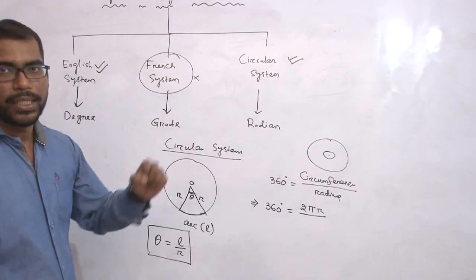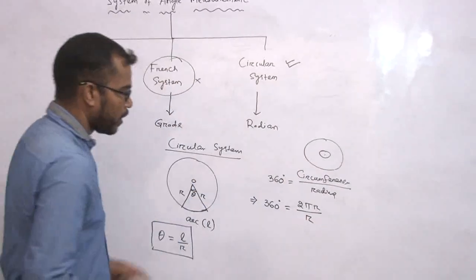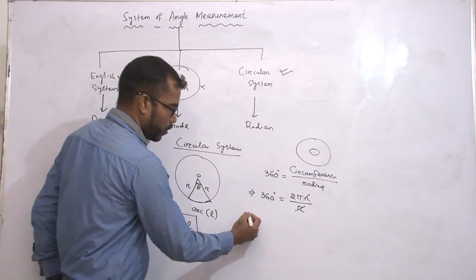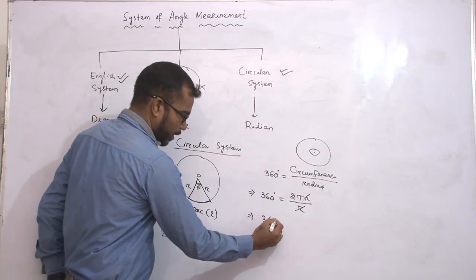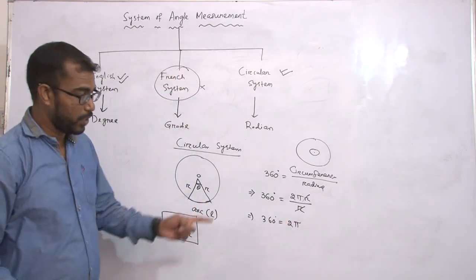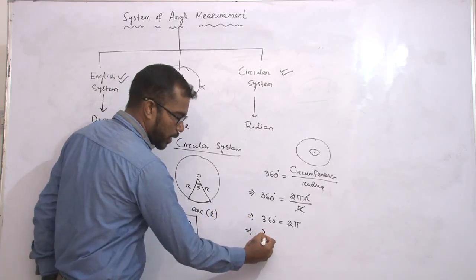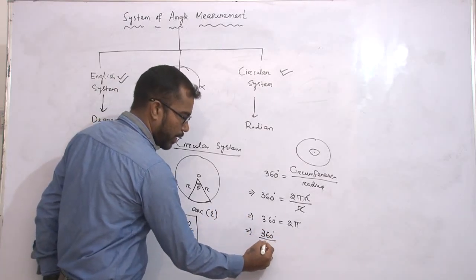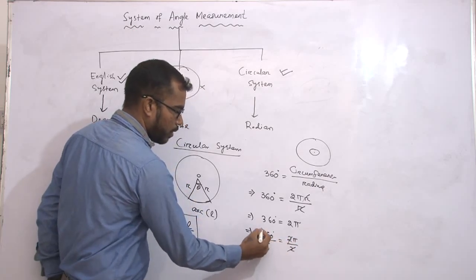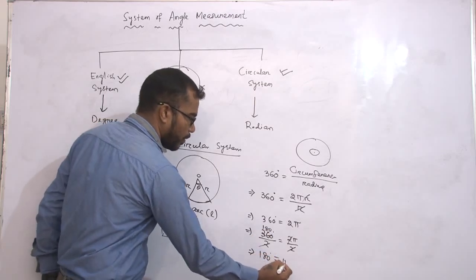And the radius is denoted by r, as you know. So if we cancel the radius, we get only 2 pi. So we get the relationship 360 degrees is equal to 2 pi. If we divide both sides by 2, then we find that 180 degrees is equal to pi.